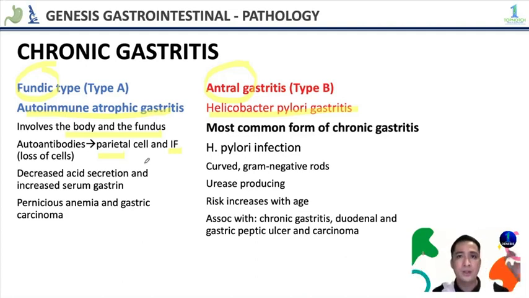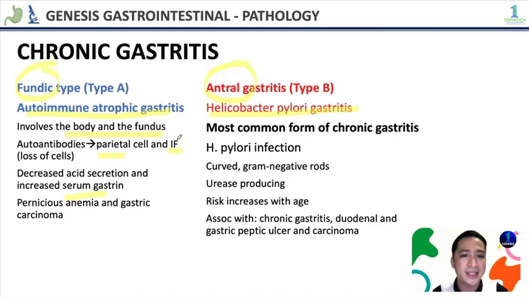Okay, so if there is no parietal cell, hydrochloric acid production is reduced. So as a compensatory mechanism, because our body runs in compensation, there is hypergastrinemia.